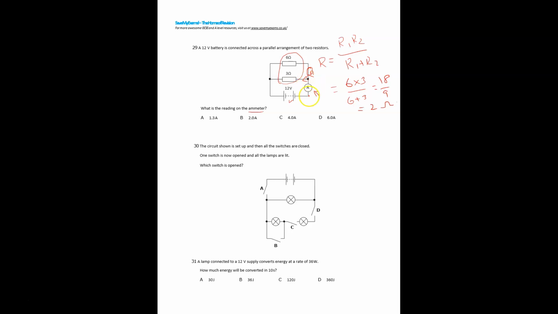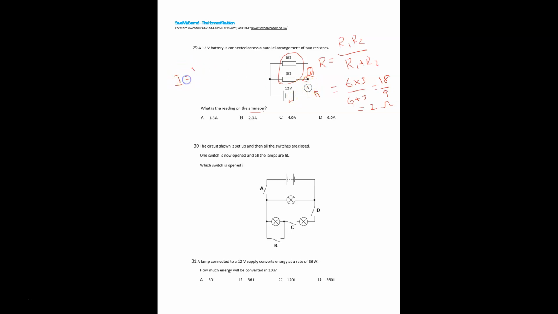At this junction, the total current will be divided like this. But here the ammeter is before this junction. If the ammeter is located before the junction, it will have the full value of current.